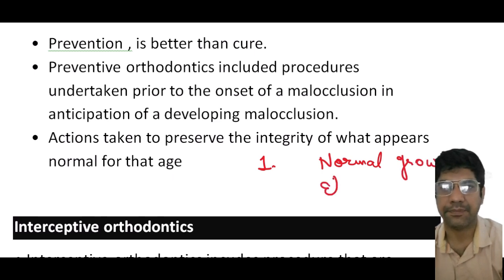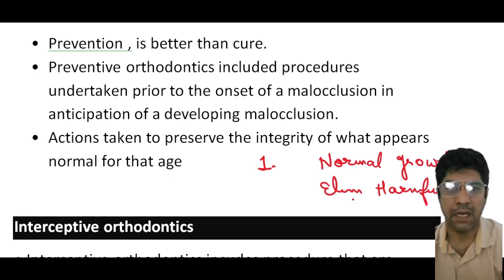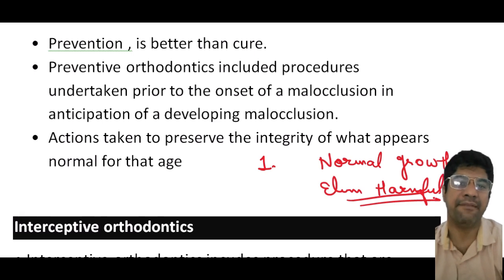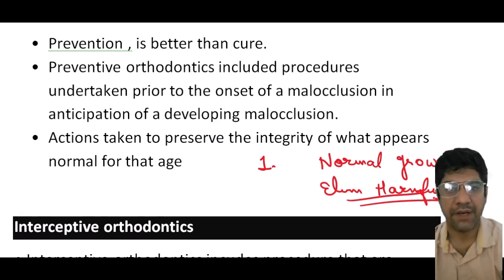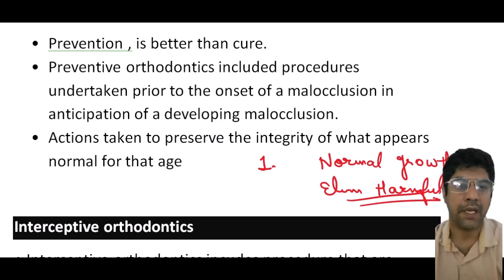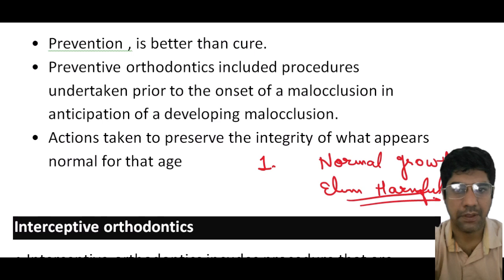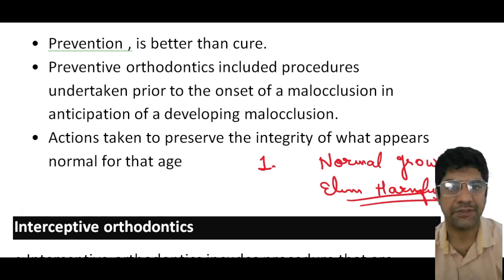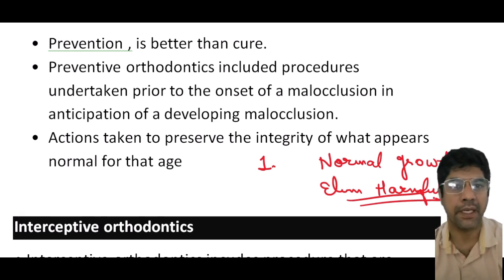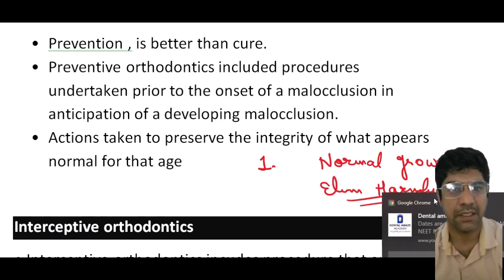Eliminating harmful habits: correcting behaviors or habits that can negatively impact the dental and facial structure. Contributory factors: dealing with factors like posture and nutrition that may contribute to alignment issues. Tooth restoration: restoring individual teeth to maintain their proper form and function.